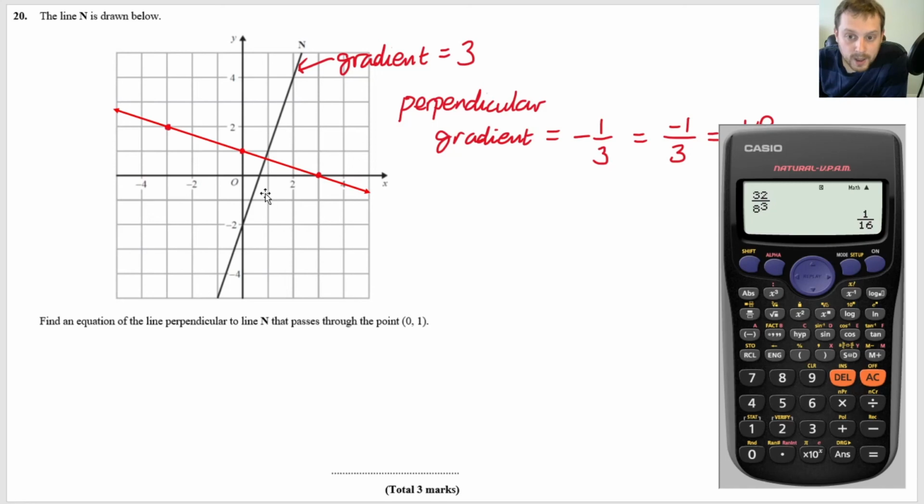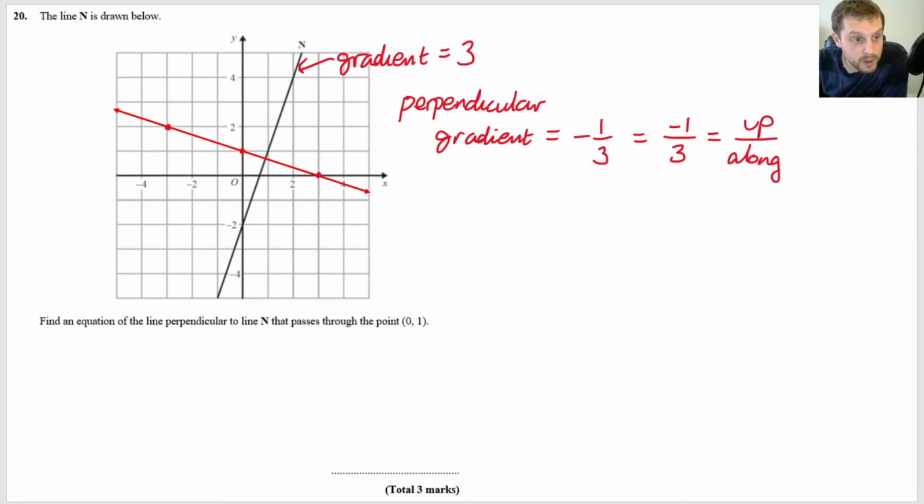So the 3 is the number that I go along, and then minus 1 up is really 1 down. Sorry about that. Up over along is the gradient, isn't it? So if it's a minus 1 up, that's really 1 down, and then it's 3 along. So 3 along, 1 down is exactly what it needs to be at right angles.